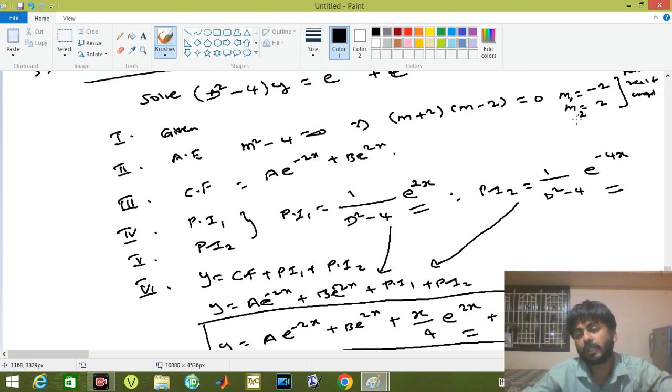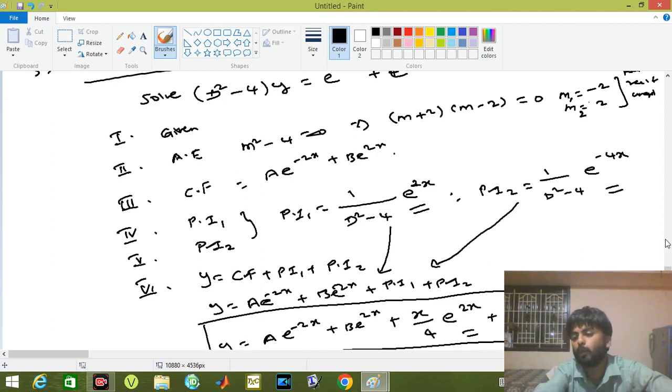But you can also take m1 equal to 2 and m2 equal to minus 2. That is always your wish. If I take (m minus 2) into (m plus 2) equal to 0, I will get m1 equal to 2 and m2 equal to minus 2, and my equation will become a e power 2x plus b e power minus 2x. So there is no problem about changing the coefficients of e power minus 2x and e power 2x. A and b can be changed to a different position. Okay, so that is not a problem.